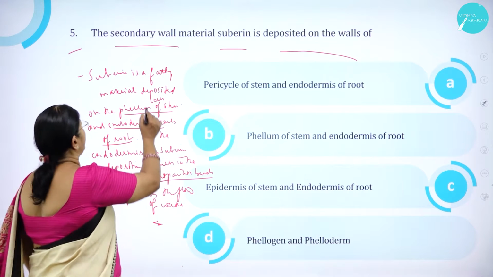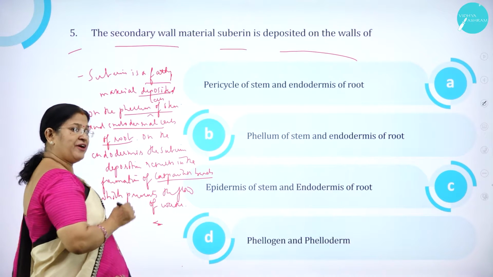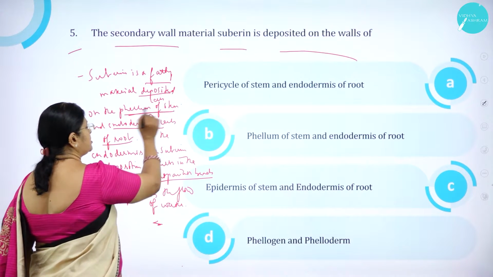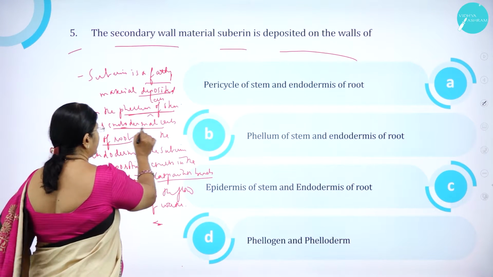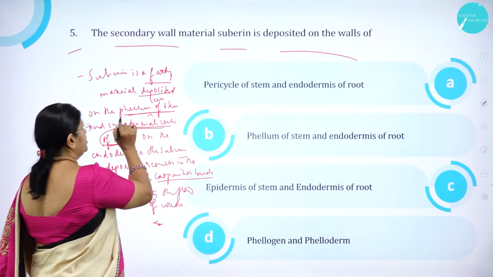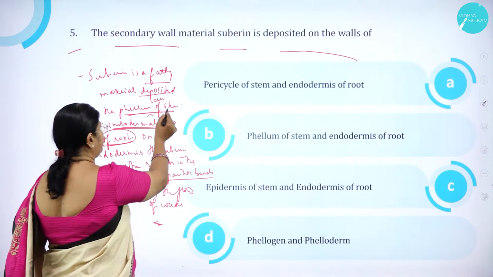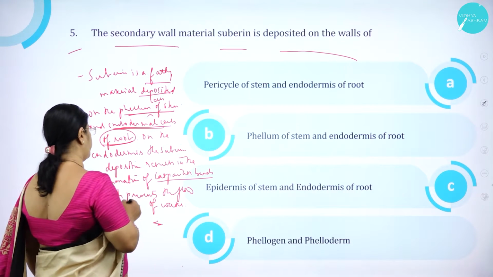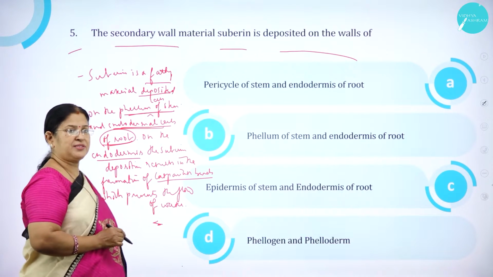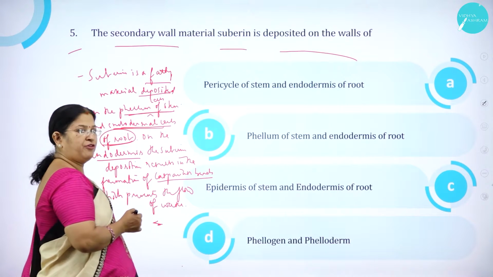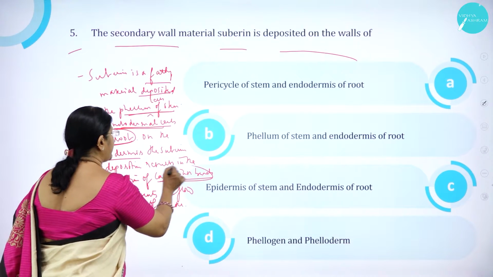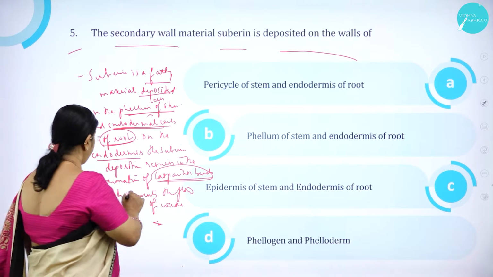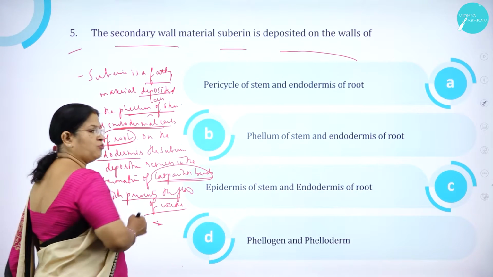What is suberin? Suberin is nothing but a fatty material. It is a fatty material deposited on where? On the phellum cells of stem and endodermal cells of root. And on the endodermis, this suberin is going to form Casparian bands, or otherwise called Casparian strips, which will prevent the flow of water.